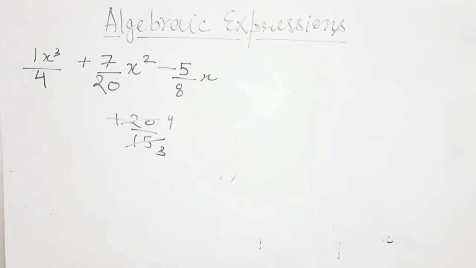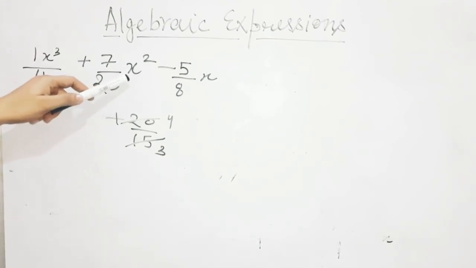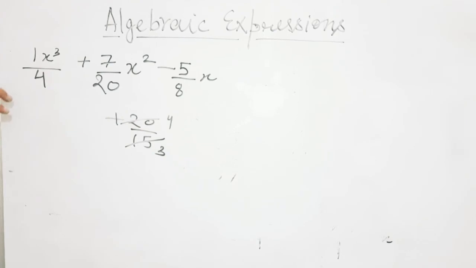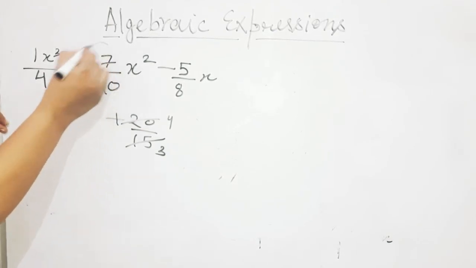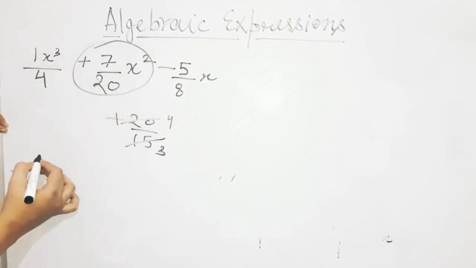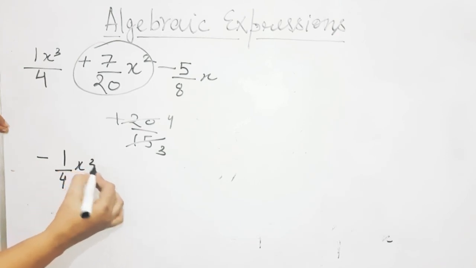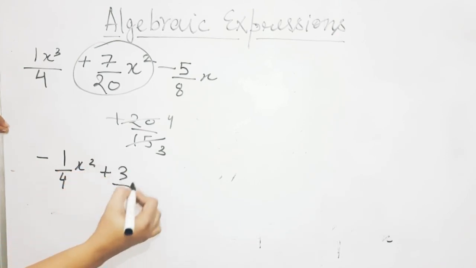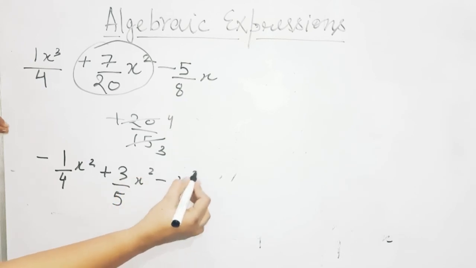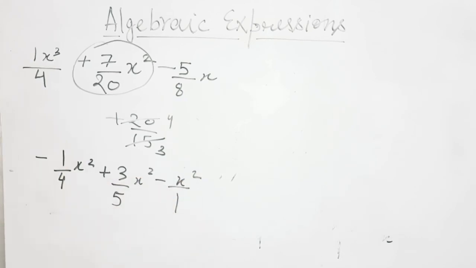Really sorry students, in the literal factor x square, I have missed one thing. Let me write that x square part for you once again. This will not come here. Let me correct it. It will be minus 1 upon 4 x square plus 3 by 5 x square and minus x square. These were the terms, right? So once you take the LCM of 1, 5 and 4, it is 20.